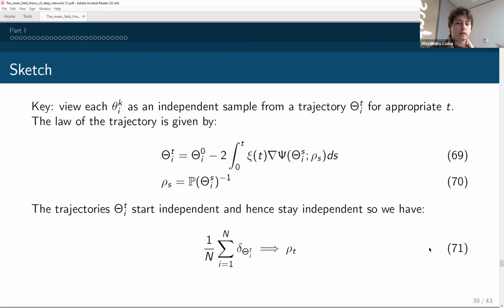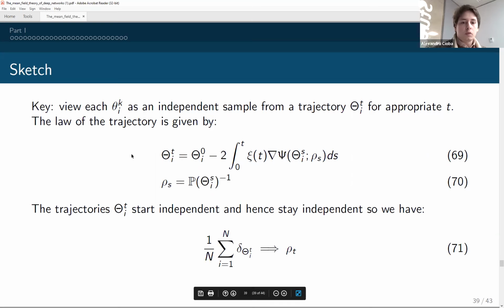So yeah, these are the pictures of what's happening. What is happening behind the scenes is, in order to show that the finite time SGD iterates stay reasonably close to the distributional dynamics, you need to figure out a random variable, right? You need to figure out an object that looks like a sample from the trajectory generated by the distributional dynamics.